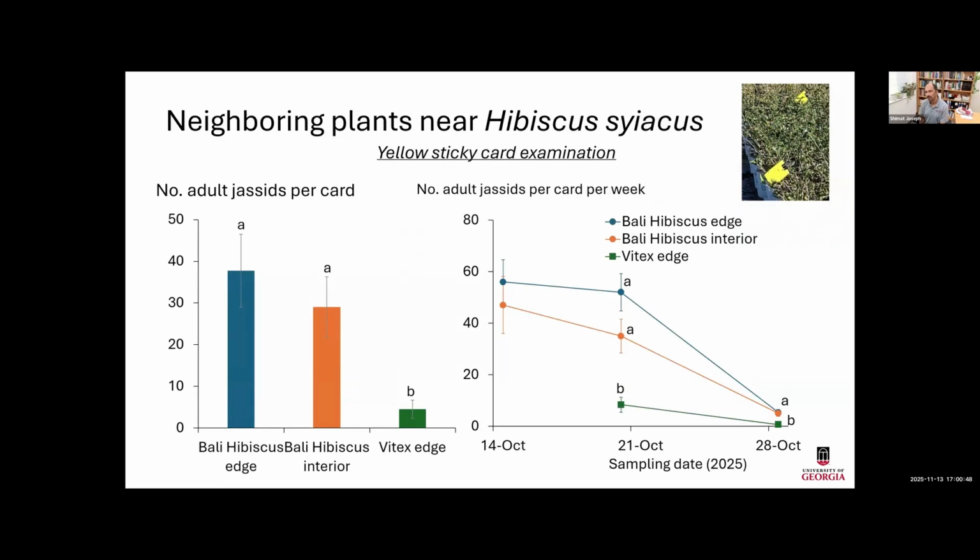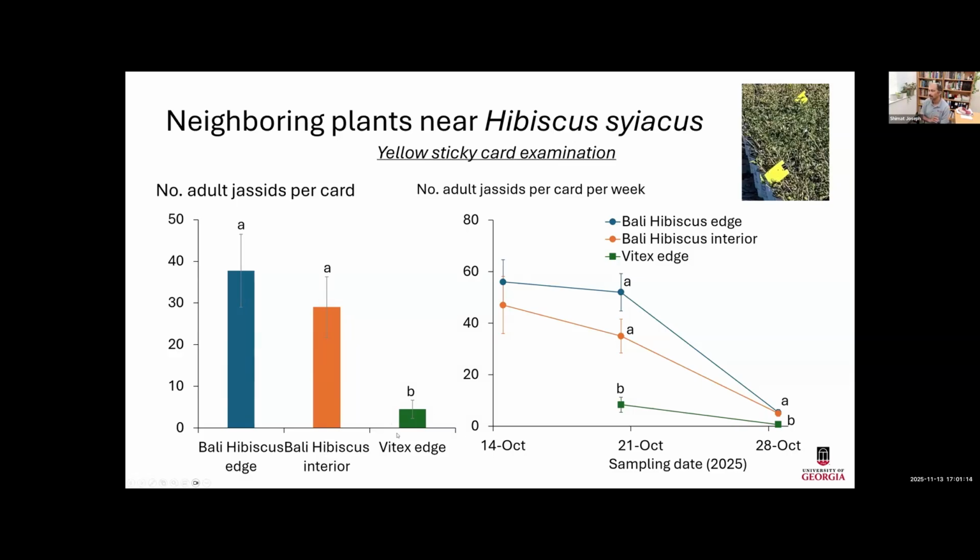We also used yellow sticky cards, which we stuck along the edge of this block, and you can see high numbers were caught in the hibiscus. These are all adults. We caught only adults on the yellow sticky cards, but you can see there are some we collected from Whitetex that was beside the Barley hibiscus plant.